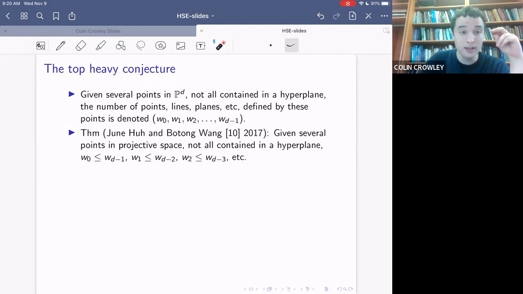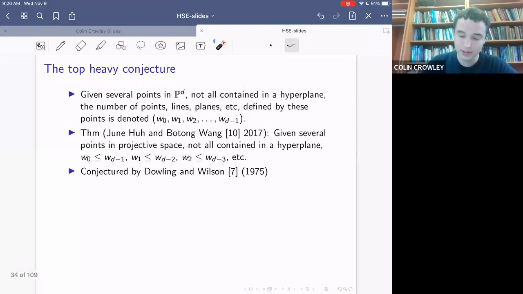This inequality is more classical; it was known to Erdős and De Bruijn. They give the history of this problem in their paper in 10. The rest of the inequalities say W1 is at most W_{d-2}, so the number of lines defined is at most the number of codimension 2 subspaces, and so on and so forth. All of these inequalities were new at the time.